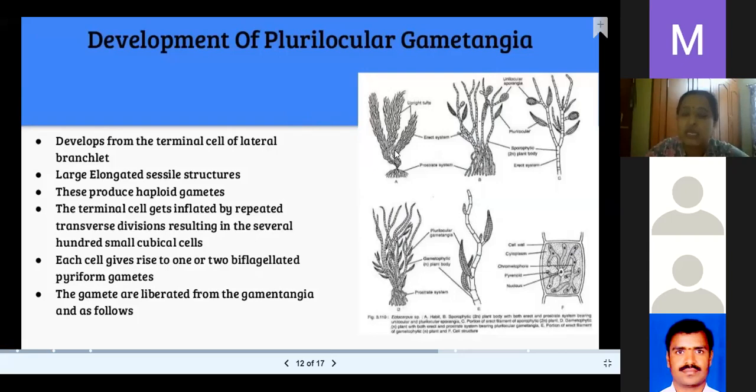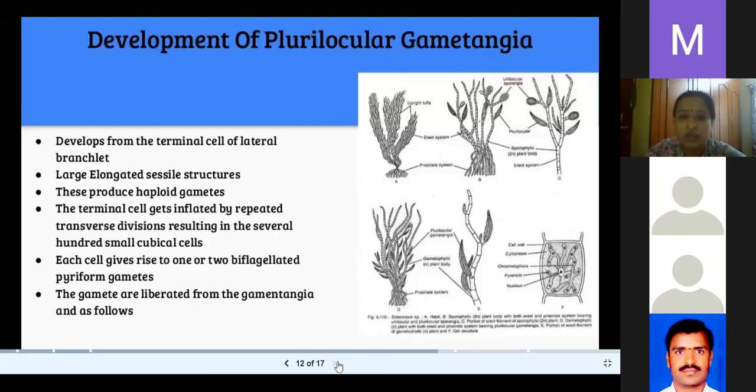This produces haploid gametes. The terminal cell gets inflated by repeated transverse divisions, resulting in a hundred very small cube-like cells. Each and every cube-like cell is the biflagellated gamete. The gametes are liberated from the gametangia.